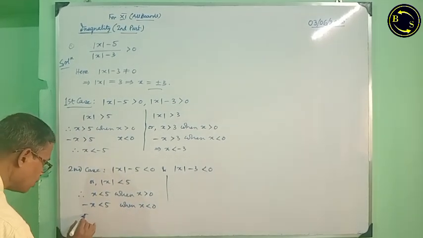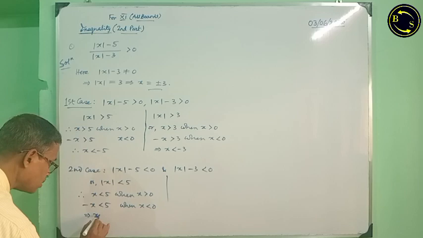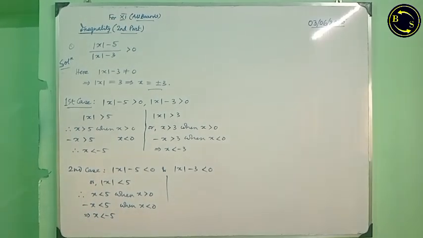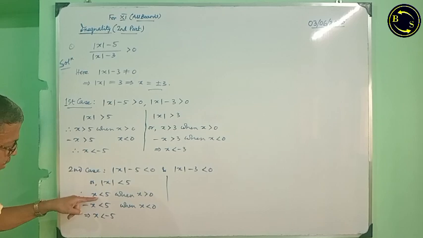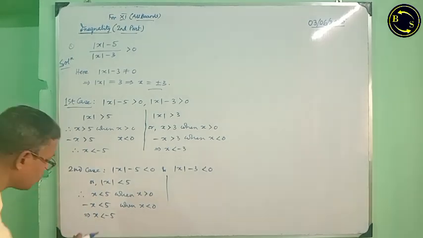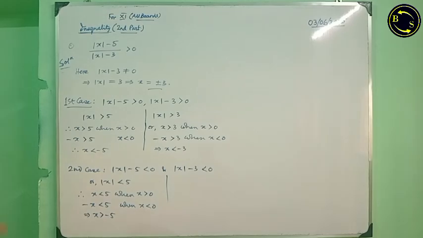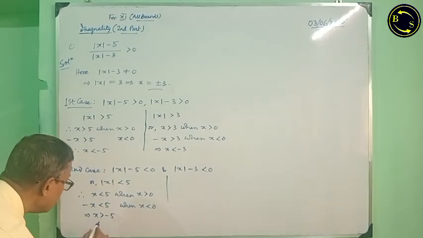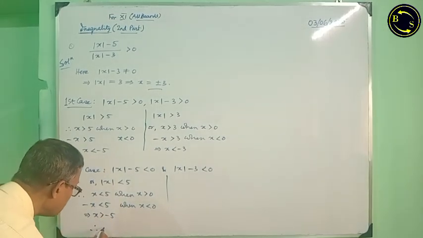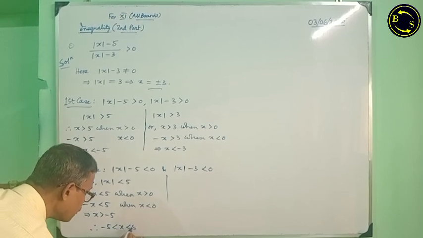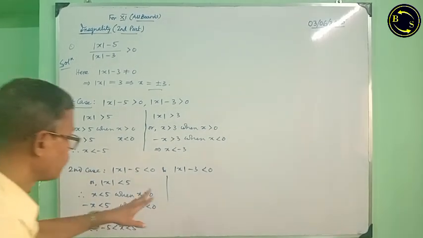From it we get x greater than minus 5. Therefore, combination of these two will be minus 5 less than x less than 5.